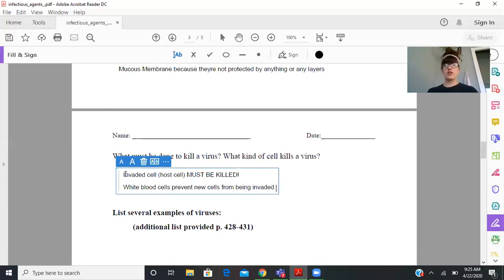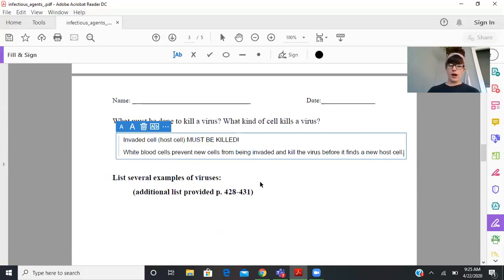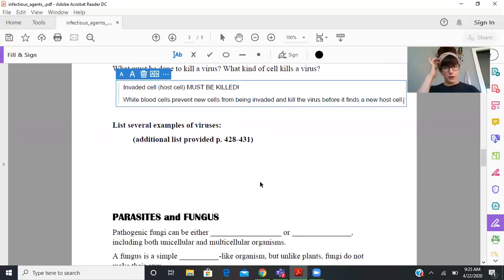They're almost like police officers inside of our body, and they kill the virus before it finds a new host cell. So what needs to be done to kill a virus? The invaded cell must be killed, and then white blood cells help to finish it off, which is pretty cool that we have those mechanisms inside of our bodies.